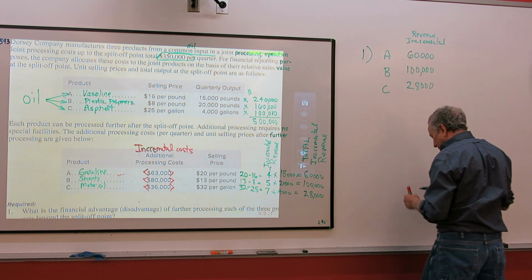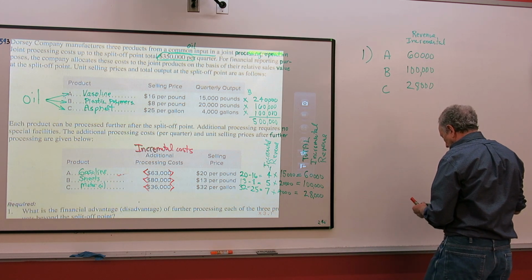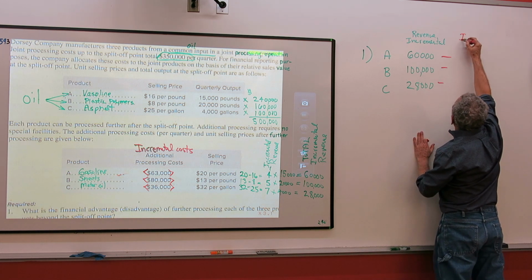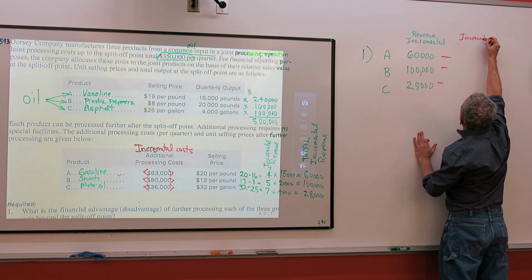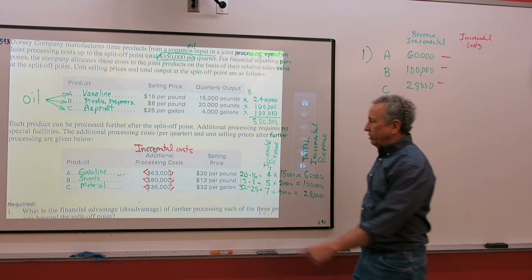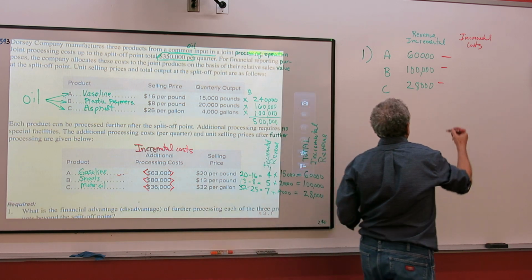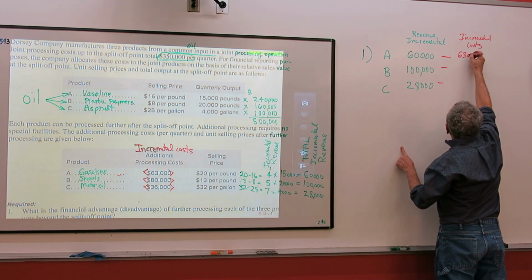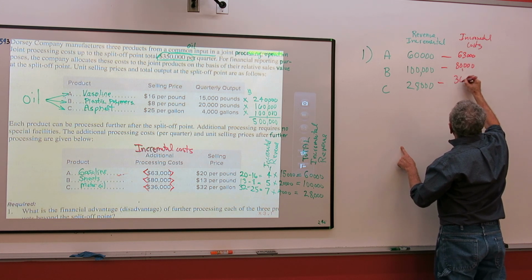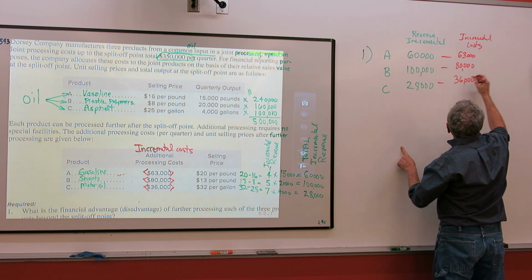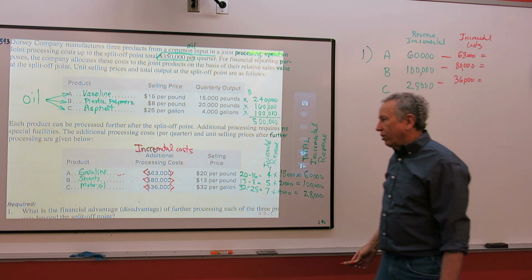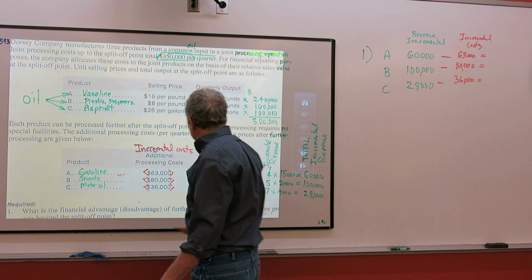And let's subtract from that incremental costs. And they gave us the incremental costs, 63, 80, and 36. And this will equal what they call a financial advantage or disadvantage.